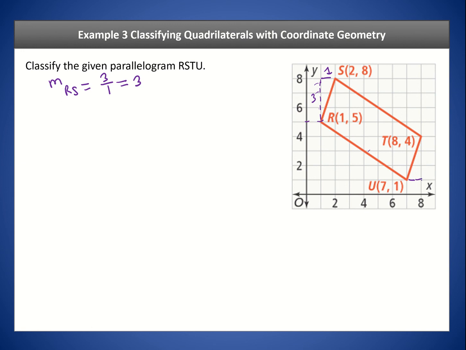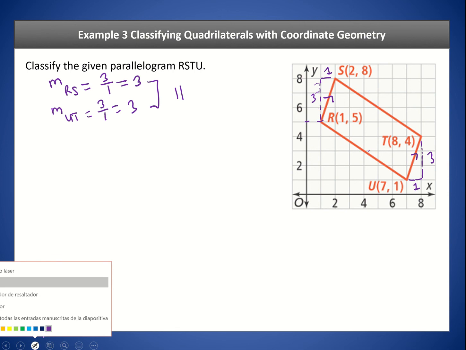We're going to go to the right 1, and we're going to go up 3 spaces, which means it's the same exact slope. So the slope of UT is rise over run, which is 3. This means that those are parallel. Remember that symbol? The symbol with the 2 vertical bars means parallel. So these are parallel. We have proved that.